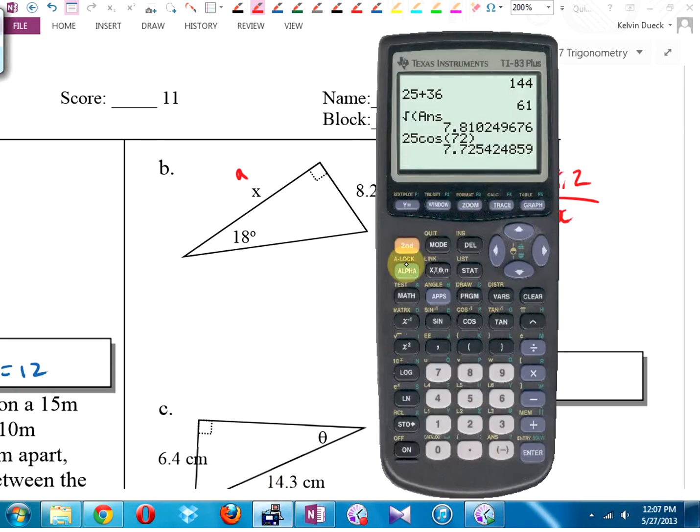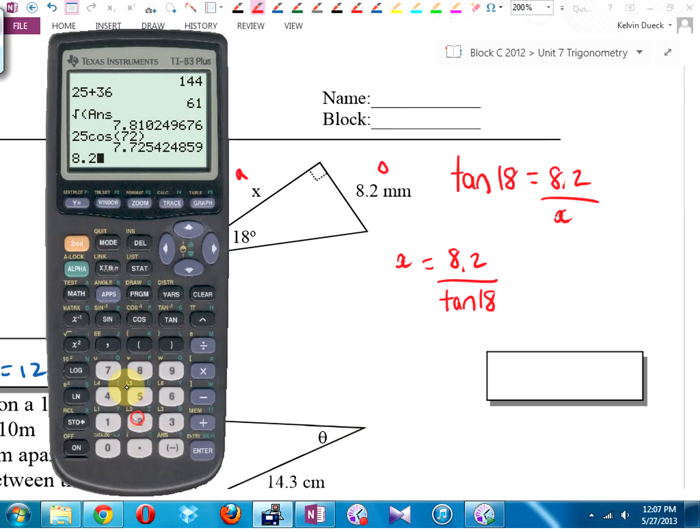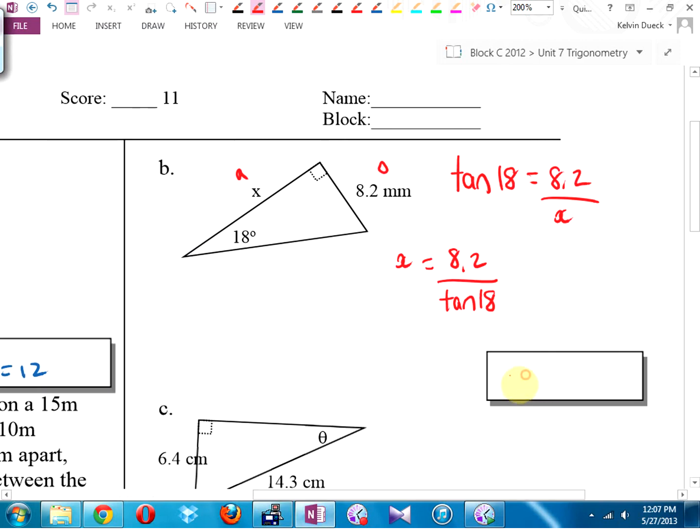I think you're going to end up with x being 8.2 divided by tan 18. 25.2, is that right? Same thing, this is going to be out of 2. I'd give you 1 mark for tangent and 1 mark for the answer.